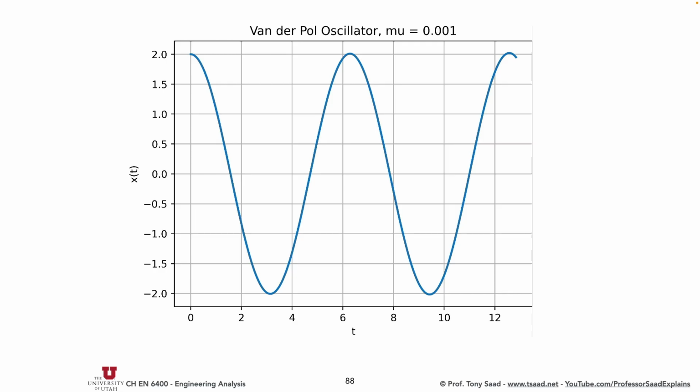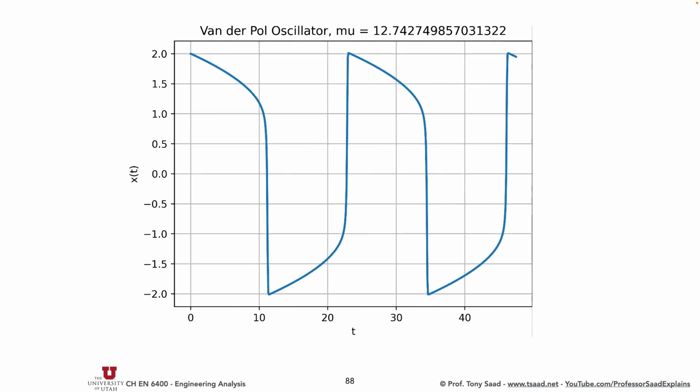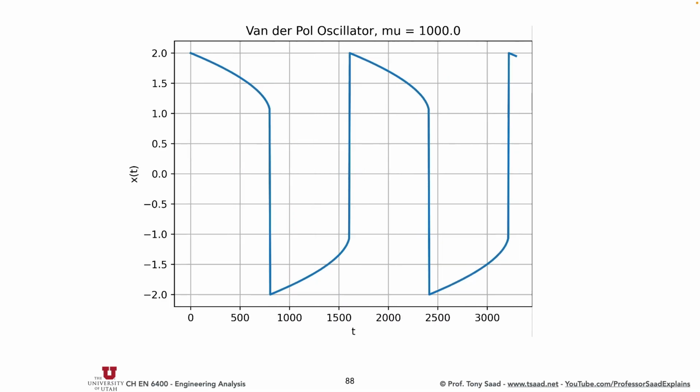I'm starting with mu equal 0.001. This looks like a standard linear oscillator. As mu is changed, you'll see this shape develop. And by mu equal 1,000, 2 periods is like 3,000 seconds just to do 2 oscillations.